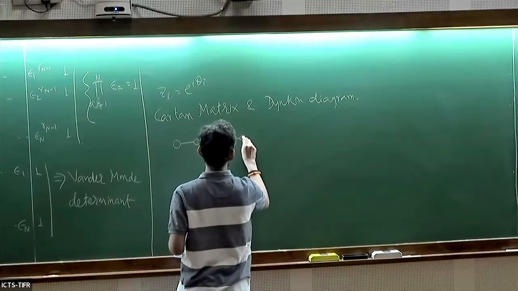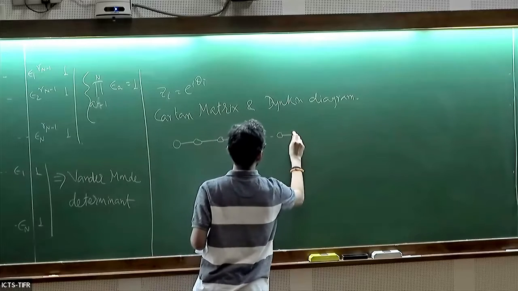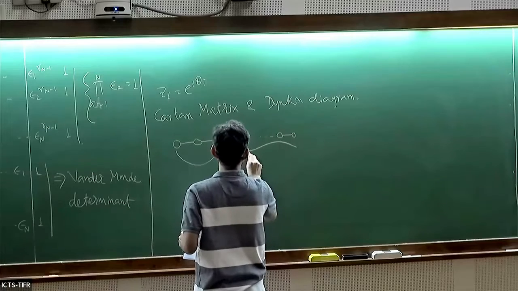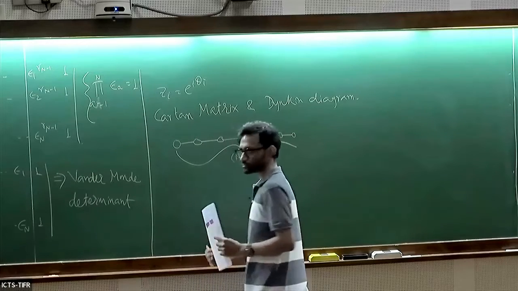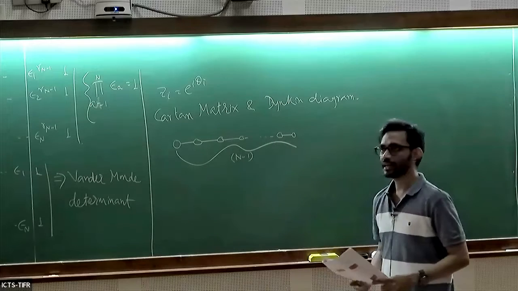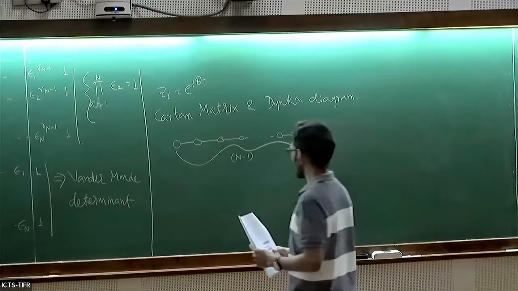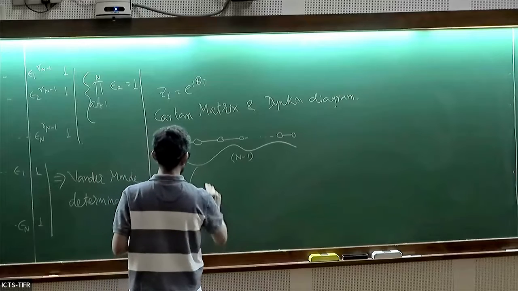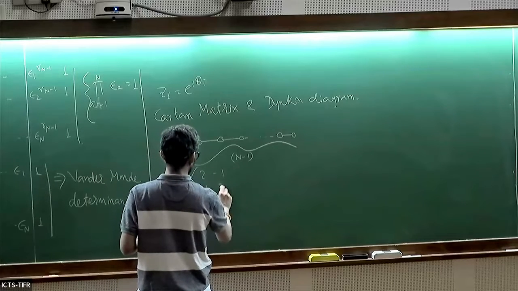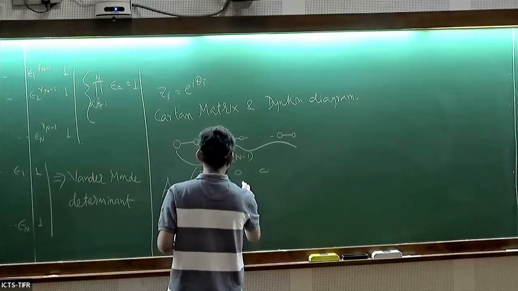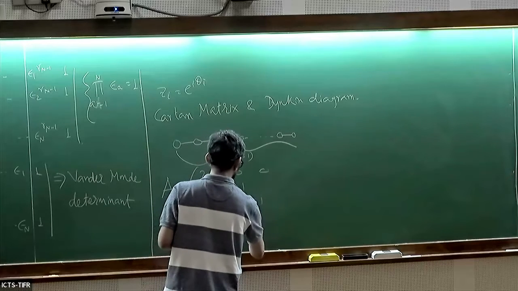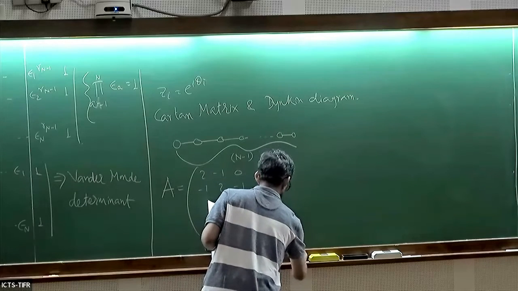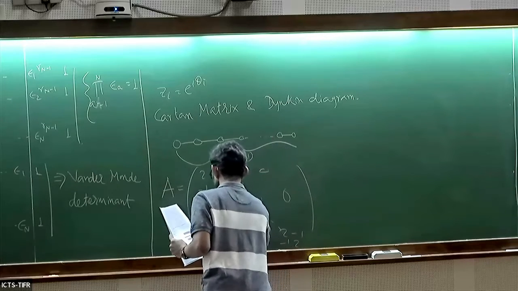You just have n minus 1 nodes. Then you can immediately write down the Cartan matrix for this SU(N), which I'm denoting as A: 2, minus 1, 0, 0; minus 1, 2, minus 1, 0; 0, minus 1, 2, minus 1; and so on.